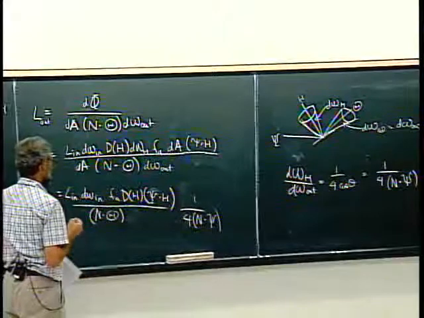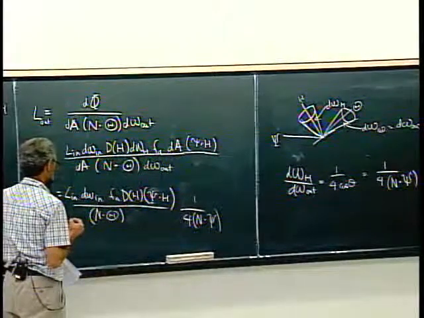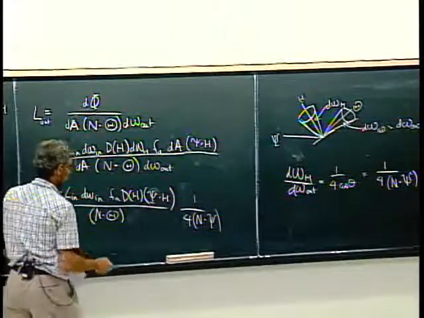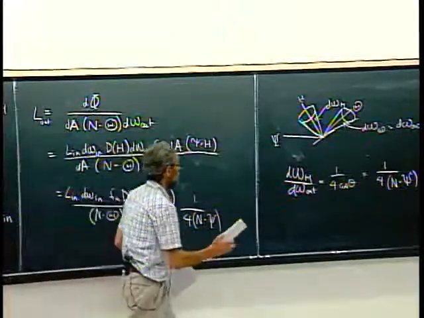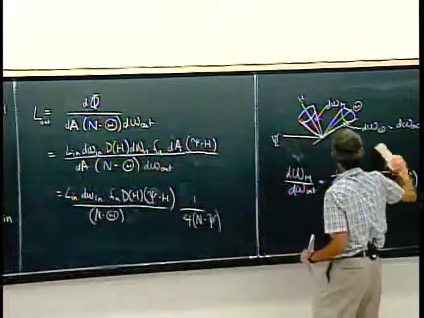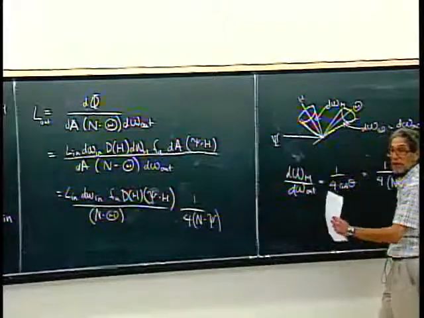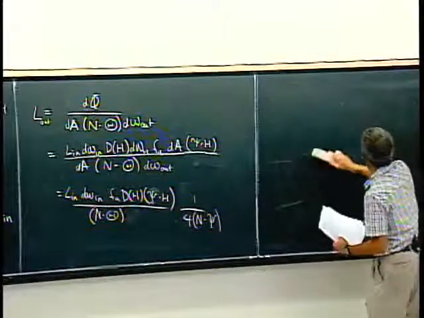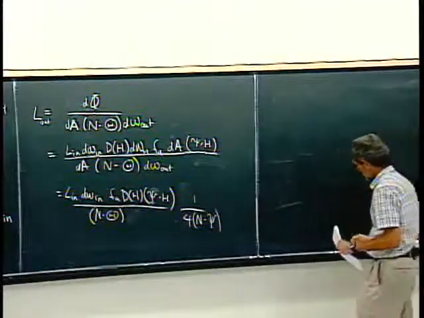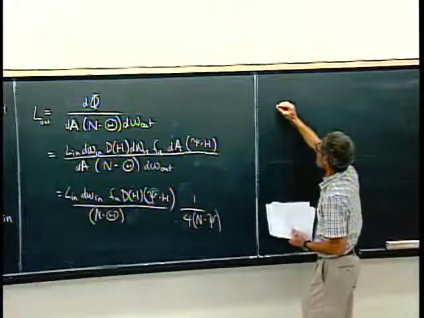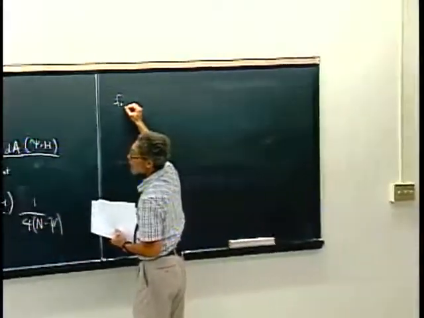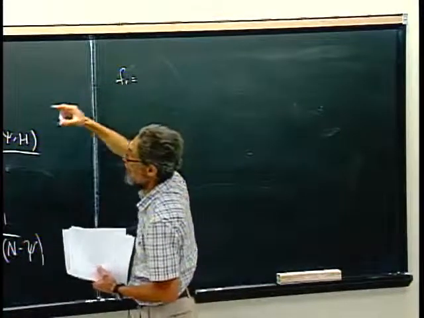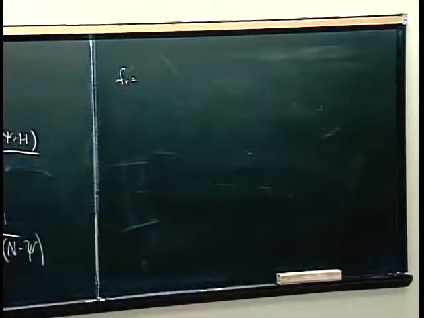Okay, so now, can I erase this to continue from here? So what is the BRDF? FR is, wait a minute, I already have FR, right? I said L out.